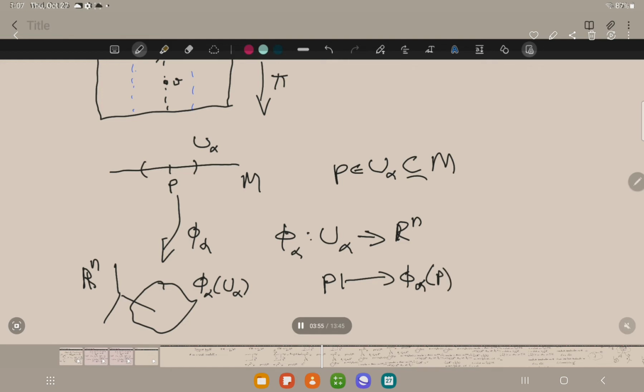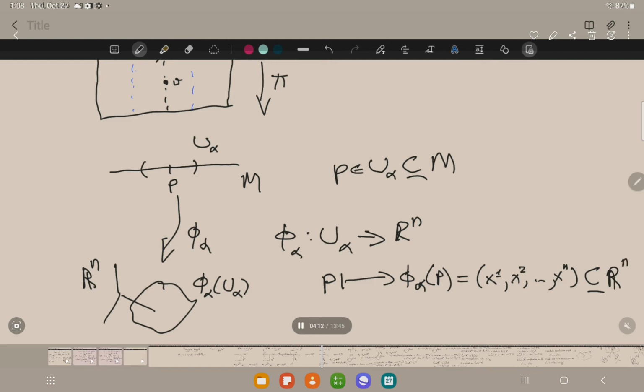P gets mapped onto phi alpha of P, and in terms of the coordinate functions, it's just x1, x2, all the way up to xn, and that is a subset of R^n.